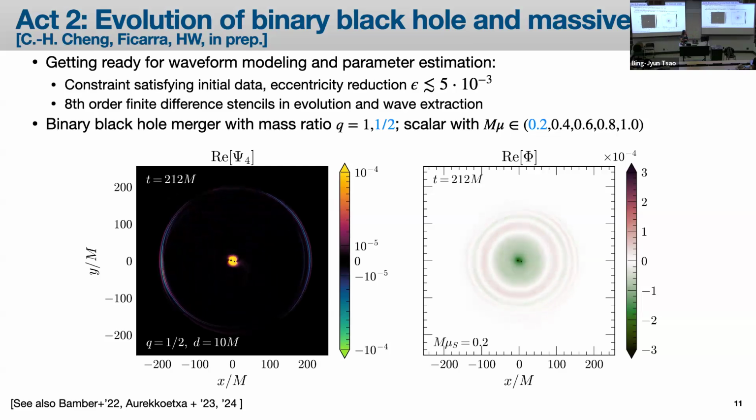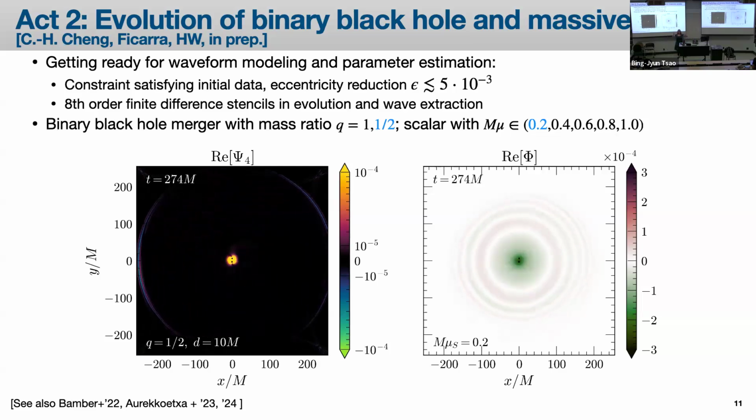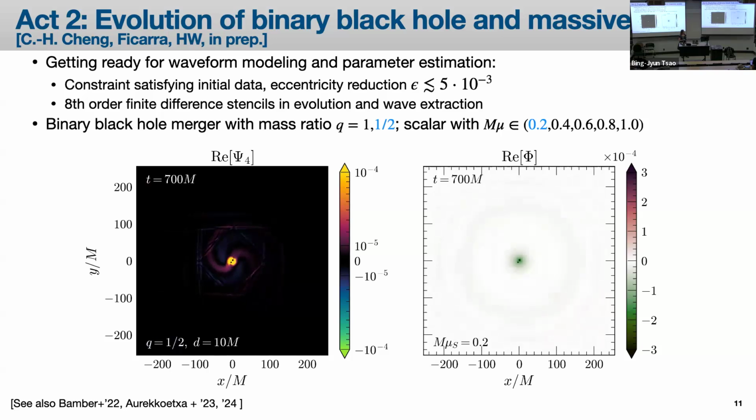The scalar field itself seems to accrete onto each of the black holes, just like we saw for the single black hole cases. And as the black holes are orbiting, the scalar charges are following that motion and generate scalar radiation. And this is what you can see here on the right-hand side, as the binary black holes get closer and closer.